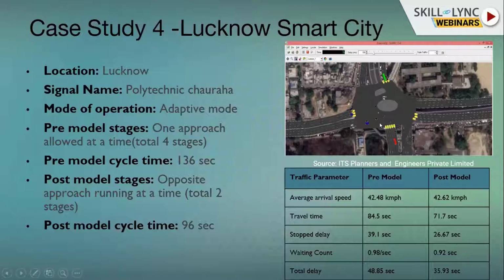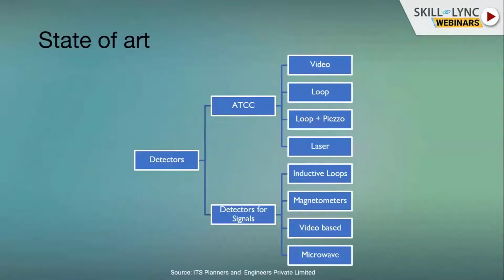Now look at what has happened because of that. Your speed has increased, your travel time has decreased, your stop delay has considerably decreased, your waiting time has decreased, and your total delay has also decreased. This tells you how advantageous the deployment of an adaptive traffic control system is for smart cities.